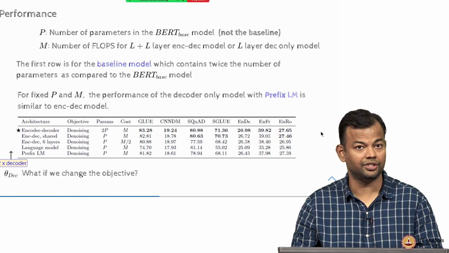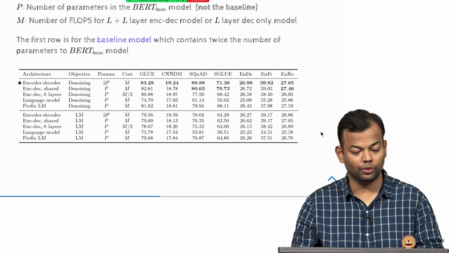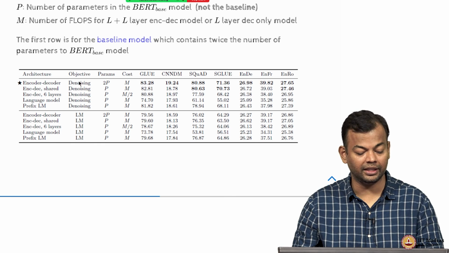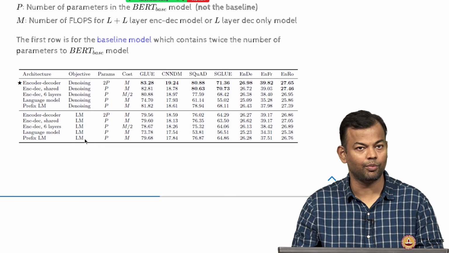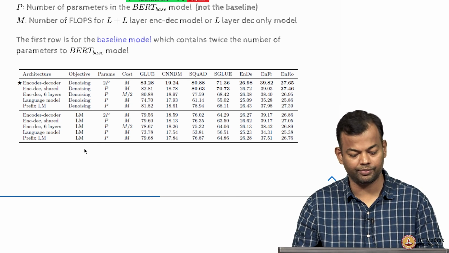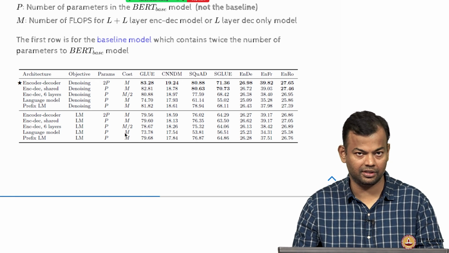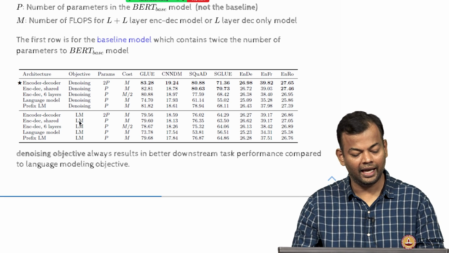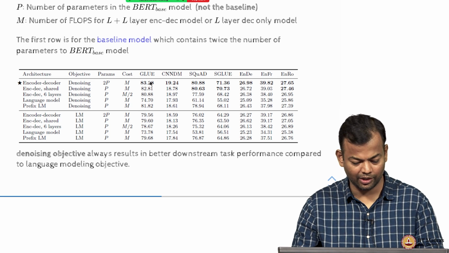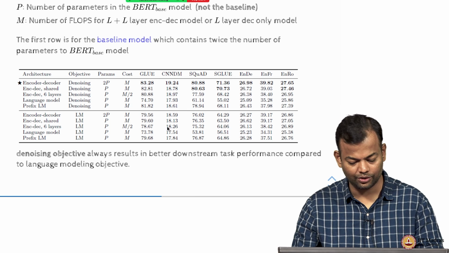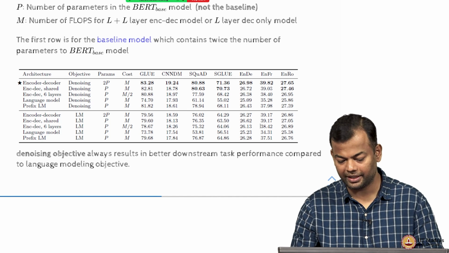Now, what if we change the objective? So, if we try the denoising objective versus the language modeling objective, which is the causal language modeling objective, you are comparing across the same parameters and same computational cost, and with the denoising objective, as you can see here, all the numbers are roughly in the 80s and so on. Here, all the numbers are a bit lower, right?